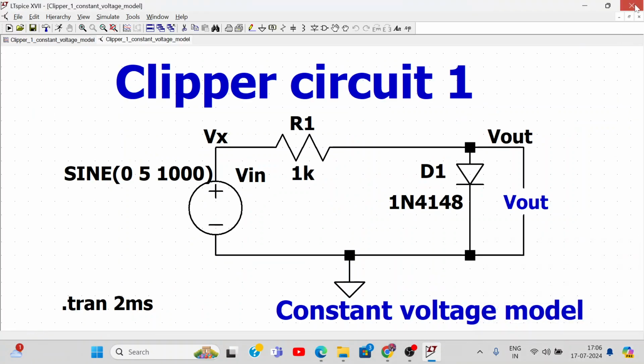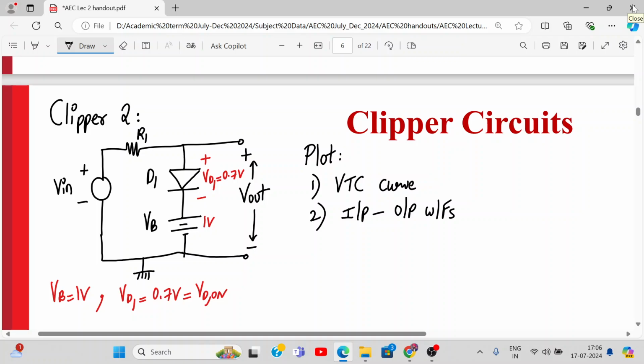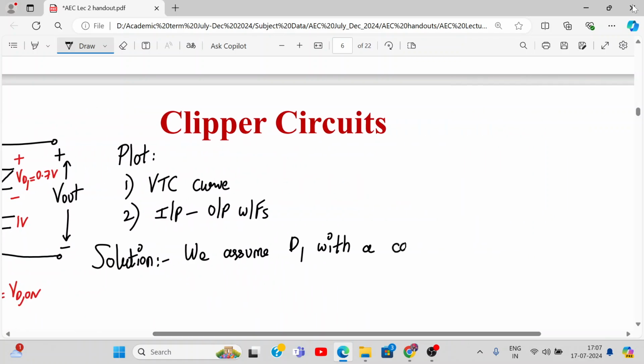What's the first thing we do? Assume constant voltage model. So we assume diode D1 with a constant voltage model.